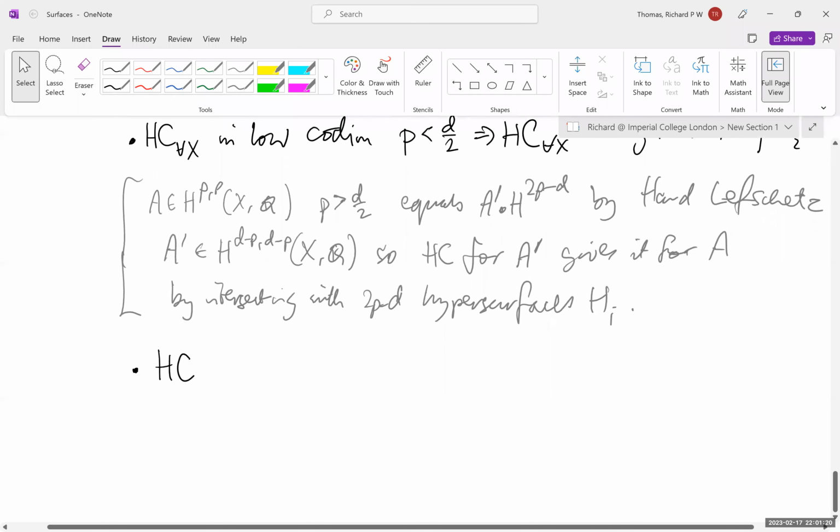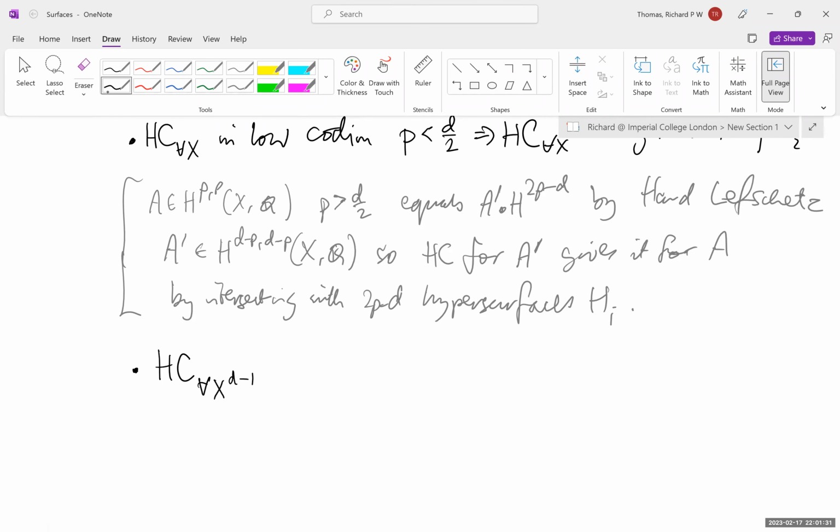Now what I'm going to do is show that actually I only need to do it for the middle dimensional ones. So what we have now is that the Hodge conjecture for all varieties X in dimension d minus 1 in low codimension, because I only now care about low codimension, because that implies high codimension, implies the Hodge conjecture for X of one dimension up in low codimension.